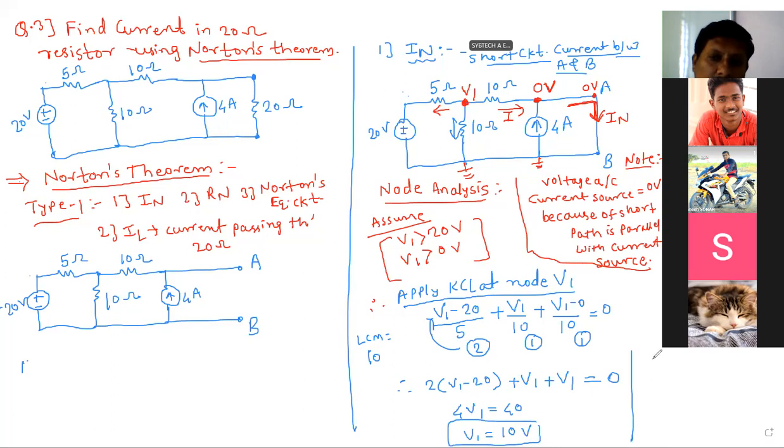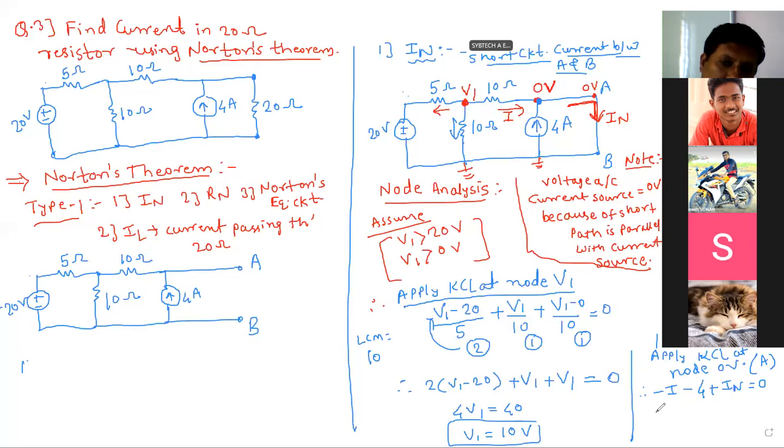Okay, if V1 becomes 10 volt, then apply KCL at node 0 volt. So apply KCL at node 0 volt here, or at terminal A you can write. So here incoming current is there, that is minus I. Next incoming current is there, that is minus 4. Next outgoing current is there, that is IN is equal to 0.